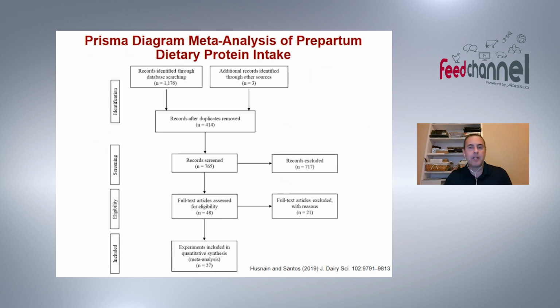The postpartum diets were always the same. So at the end of the day, we were able to identify 27 experiments in which cows were randomly assigned to receive different concentrations of protein in the diet or different protein sources, or be supplemented with amino acids prepartum.